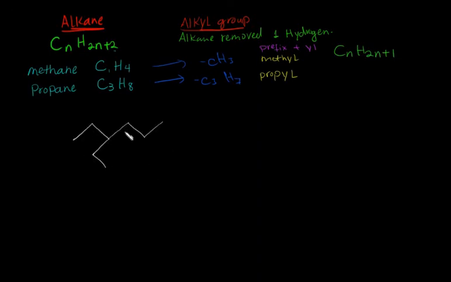So this is a stick structure. The first step to name this alkane is to find the longest continuous chain of carbon atoms. So first we have this path from here to here. This path has 1, 2, 3, 4, 5, 6 carbons.